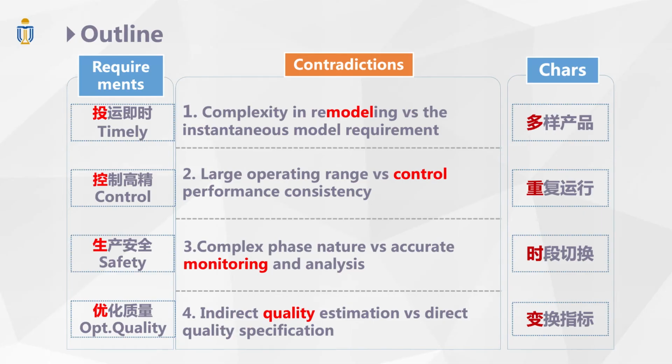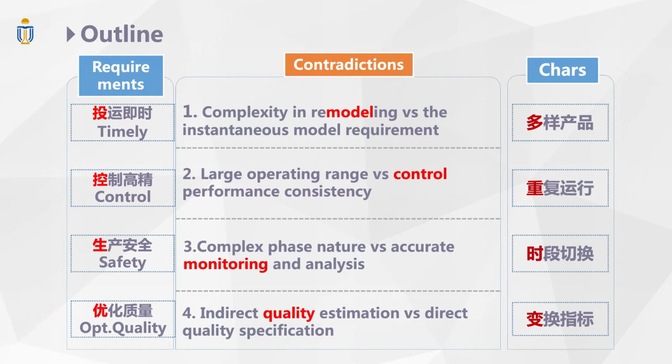So I summarize the contradictions or problems related to batch processes. The batch process, as I said earlier, has multi-time variations, but it also has certain requirements. For example, the operation has to be done timely, the control has to be accurate, the process has to be safe, and the product quality needs to be optimized.